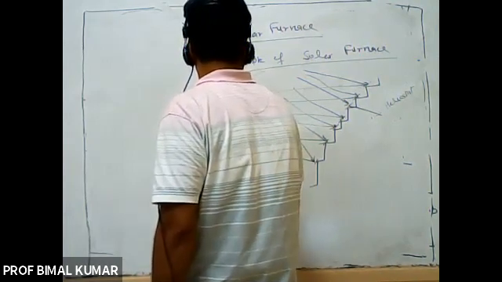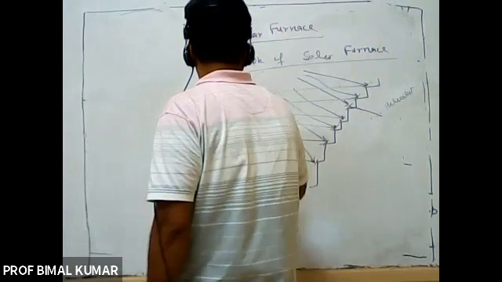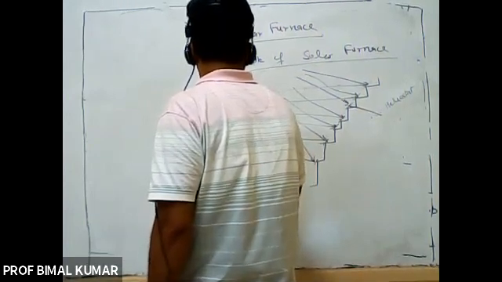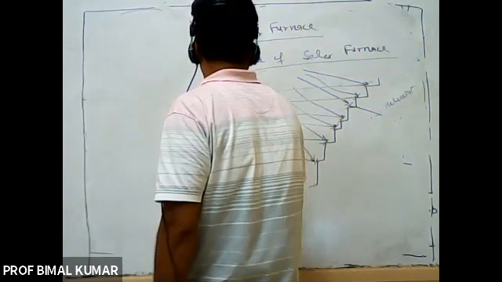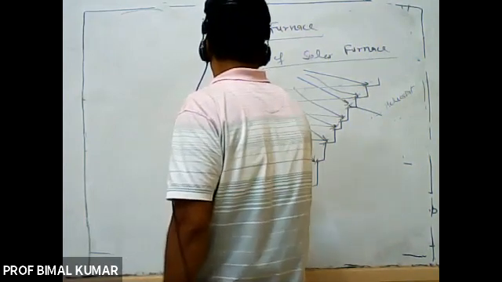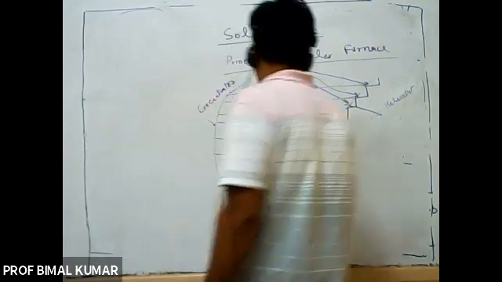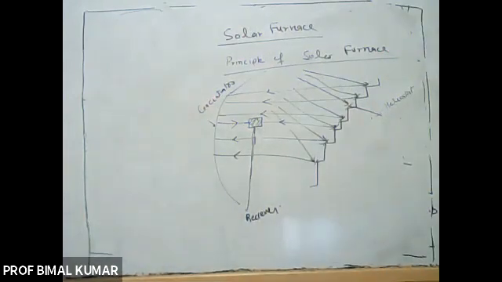And after falling on the concentrator, they will be reflected back again, and this will be collected at the receiver, right?